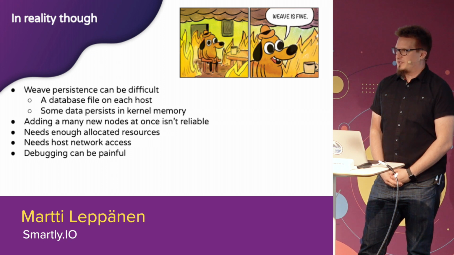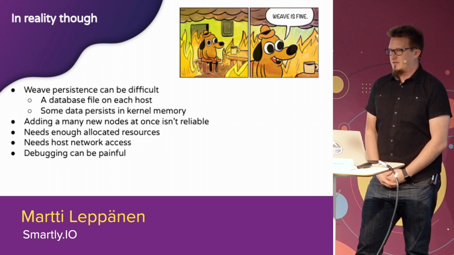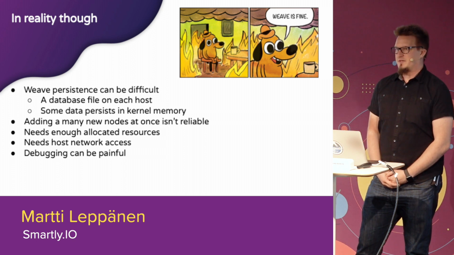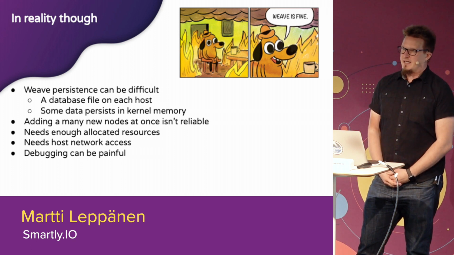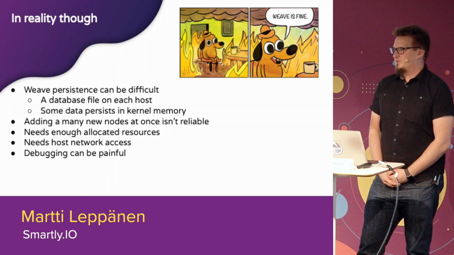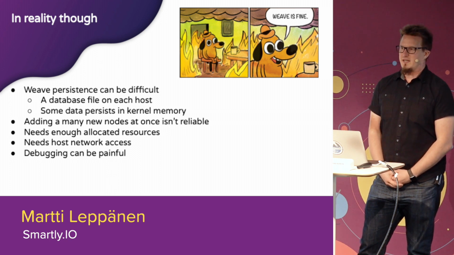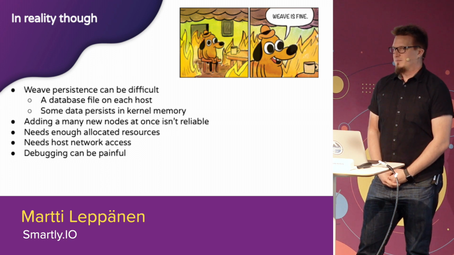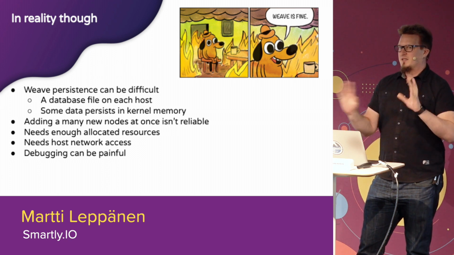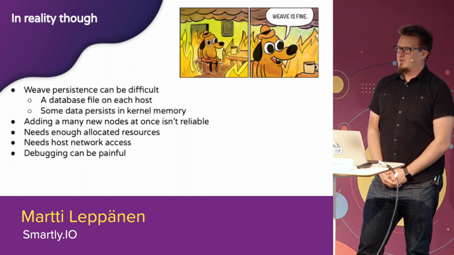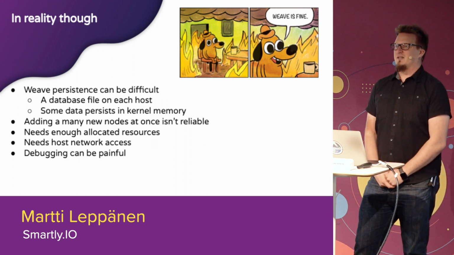There are some other issues that are still kind of unclear. Adding many new nodes to Weave at once is not very reliable. So if you add 20 new nodes to a Weave cluster at the same time, then you might have some issues, because they're trying to communicate with each other and tell which addresses went where, but it doesn't necessarily work.